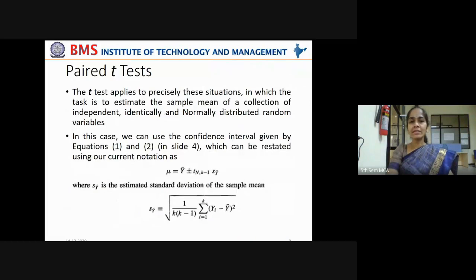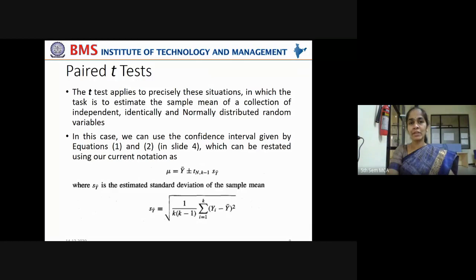Now, the t-test applies to precisely these situations. This t-test will be useful when the mean, the estimated value of the distribution, is known, but the standard deviation is not known. In that case, you go for paired t-tests. Important question they'll ask you in interviews: if the mean of the sample is given, standard deviation is not given, which test do you prefer?